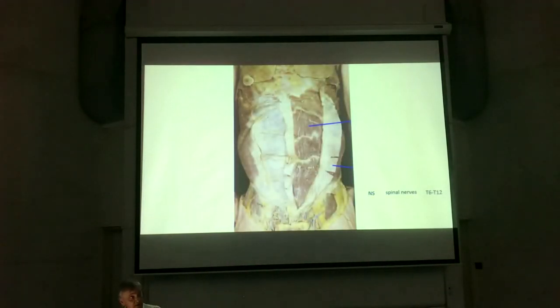The rectus abdominis. It's the vertical one. It comes from the pubic symphysis and pubic crest and goes up to the 5th, 6th, and 7th costal cartilages and xiphoid process. It compresses abdominal contents and flexes the trunk.